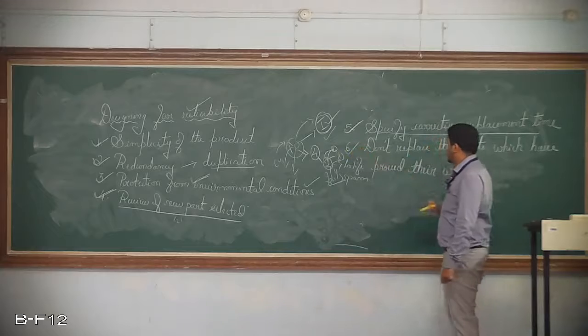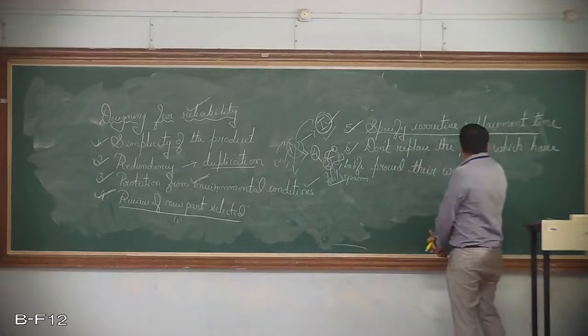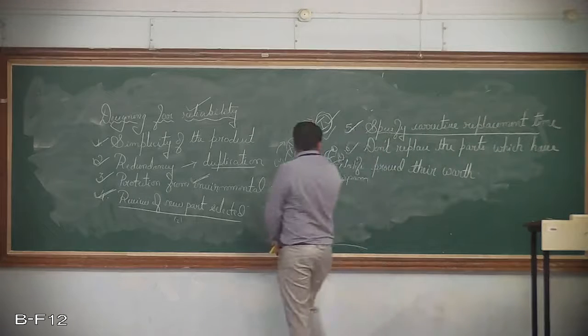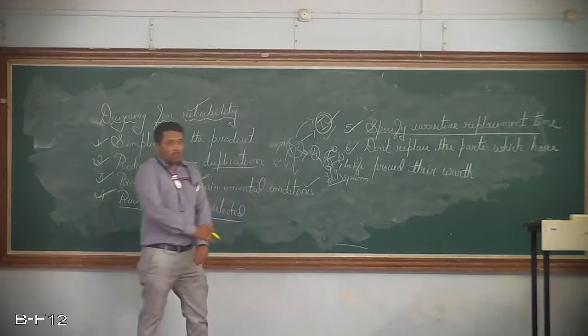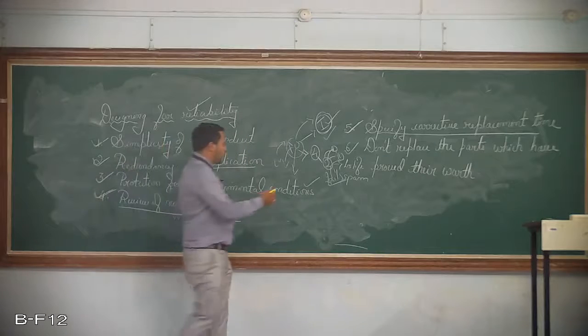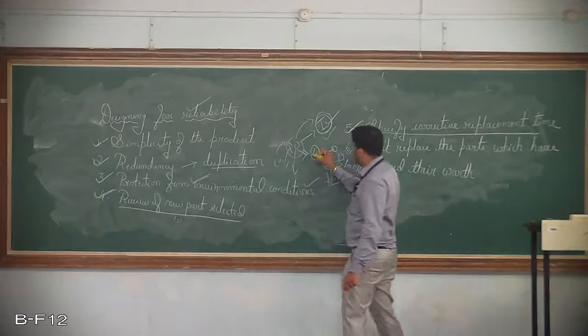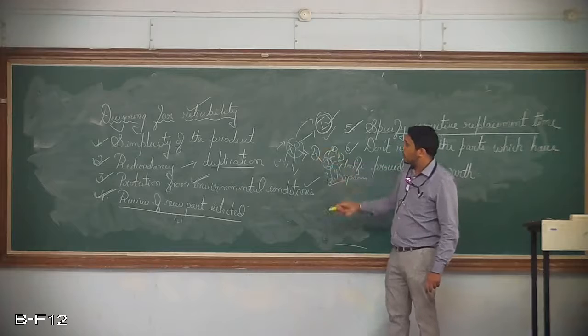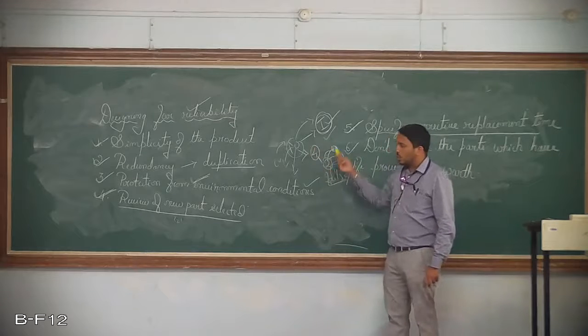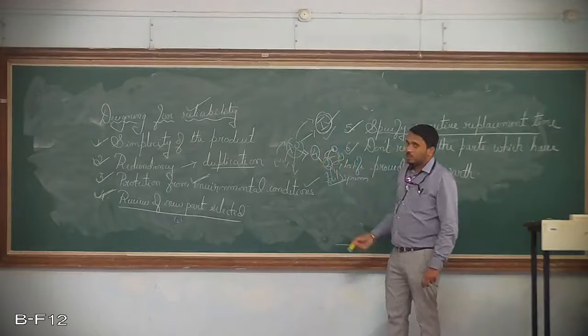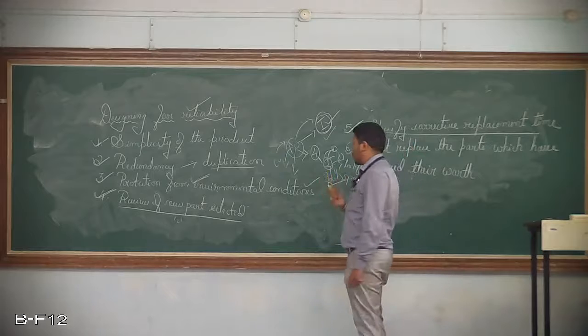The next one is: don't replace the parts which have proved their worth. Sometimes we replace parts for various reasons, because the part may not be available, or the supplier who was supplying that part has withdrawn because of some conflicts.